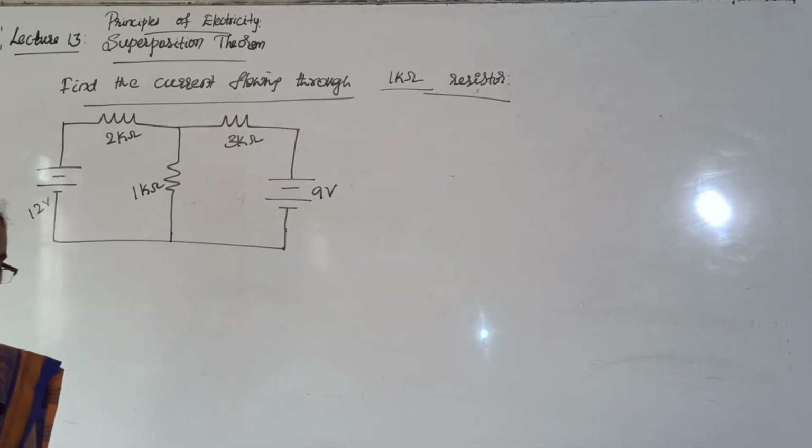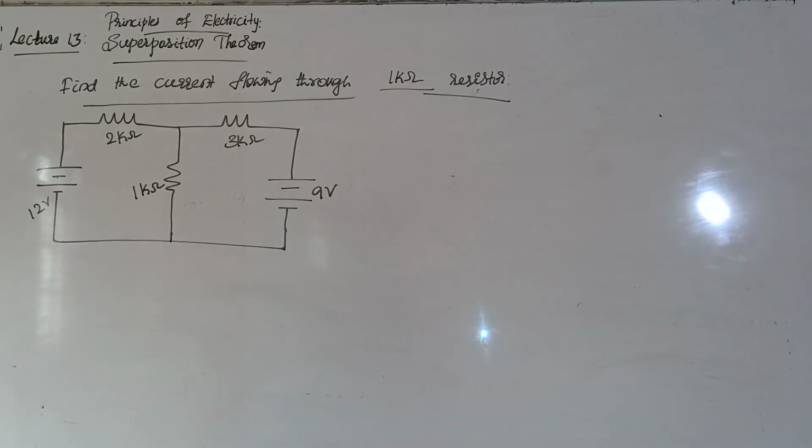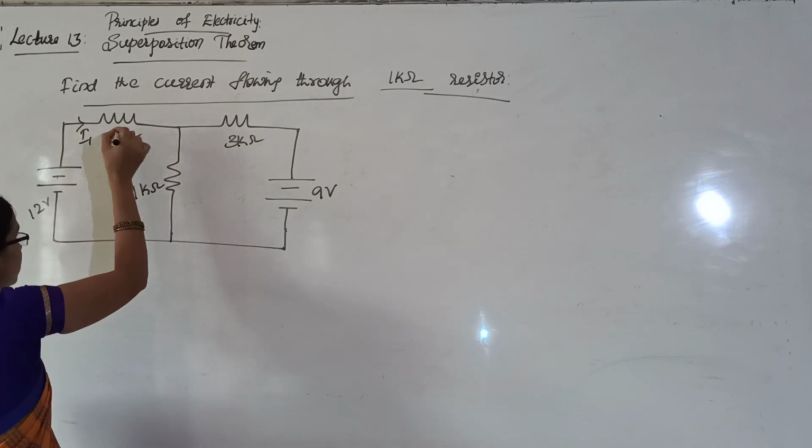Here in this circuit I have to find the current flowing through the 1 kilo ohm.